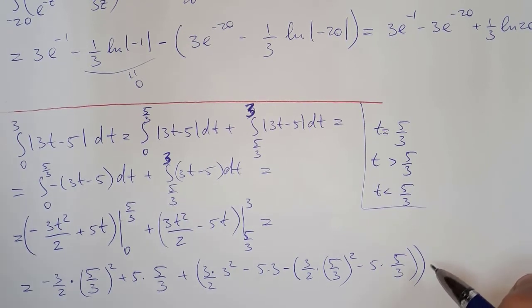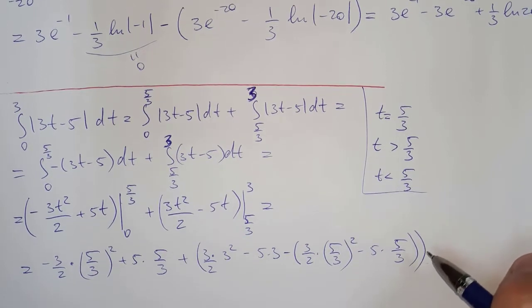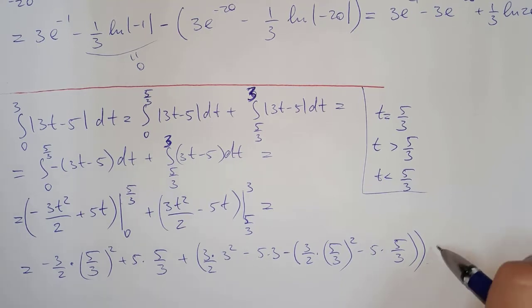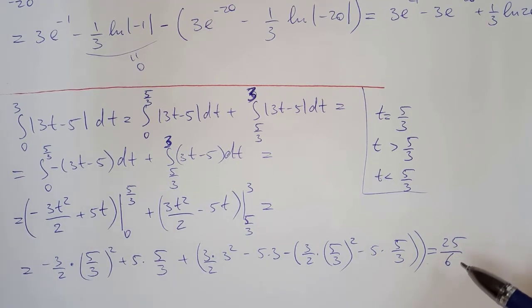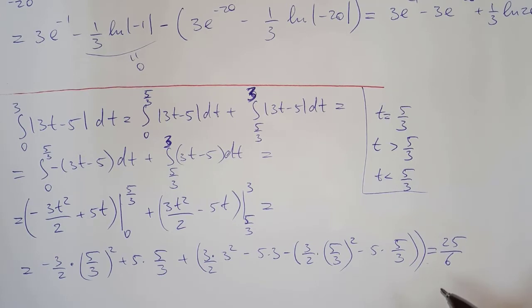Now when we compute them, we have here, they are cancelled, 25 over 6, and the other ones, we can add them, and after simplifying we have here 8 over 3.